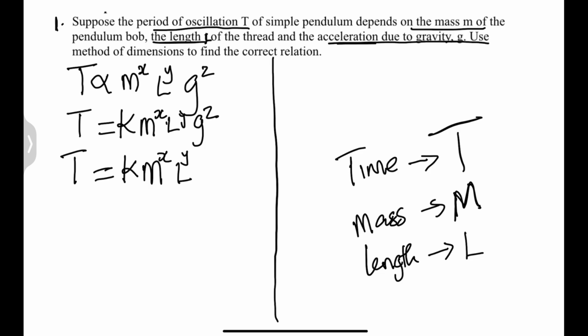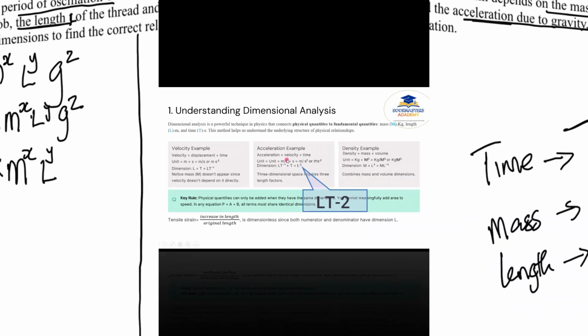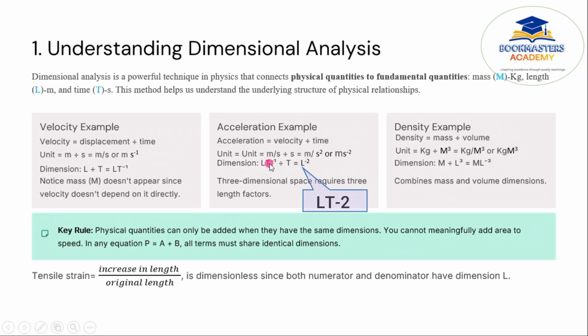Let's take a look at what I'm talking about, in slide 2. As you can see, the dimension for G is actually LT raised to power minus 2.